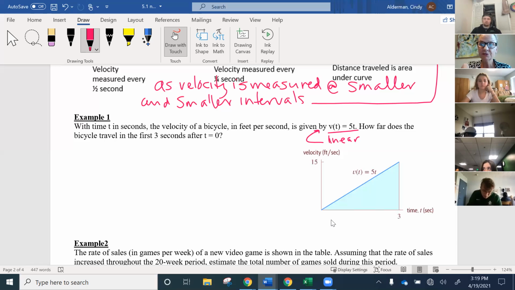So if we buy into that, with time in seconds, the velocity of a bike in feet per second is given by this function, v of t equals 5t, then we should be able to answer this question: how far does the bicycle travel in the first 3 seconds after t equals 0? What do you think you might do? You do have all the information to answer that question. What's the shape, guys?